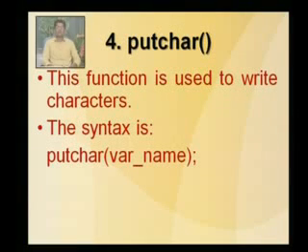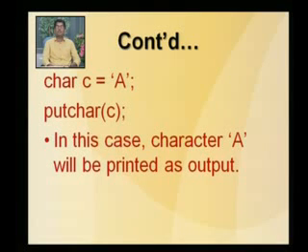Next is putchar. This function is also used to write characters, somewhat similar to the printf statement, but again that writes only a character. The syntax is putchar(variable name). Say for example char c = 'A' and putchar(c). In this case character A will be printed as output.